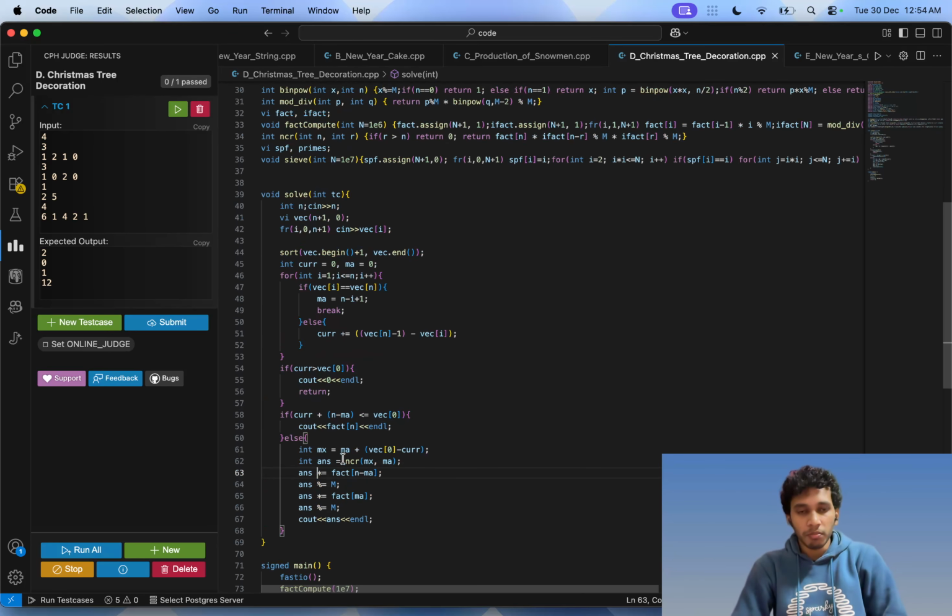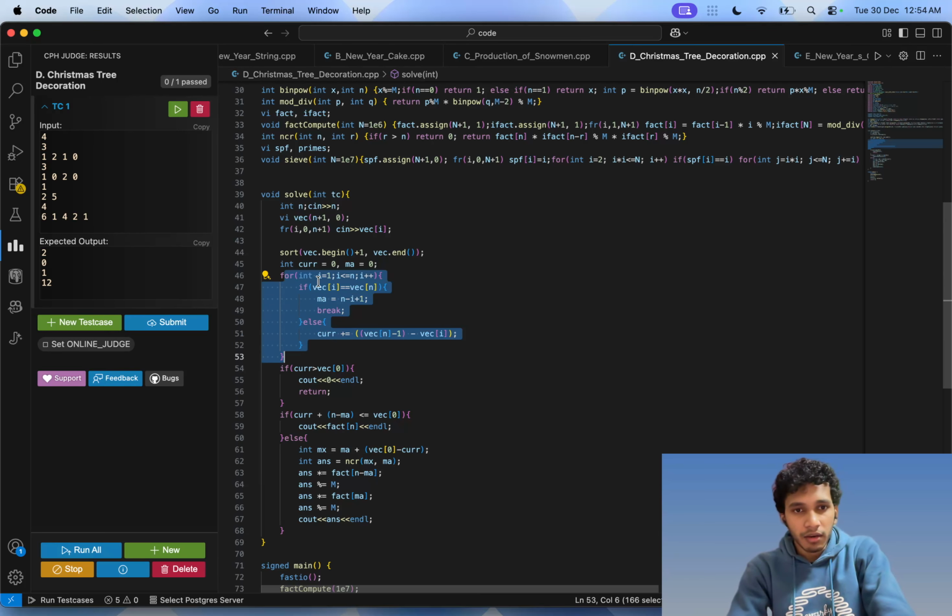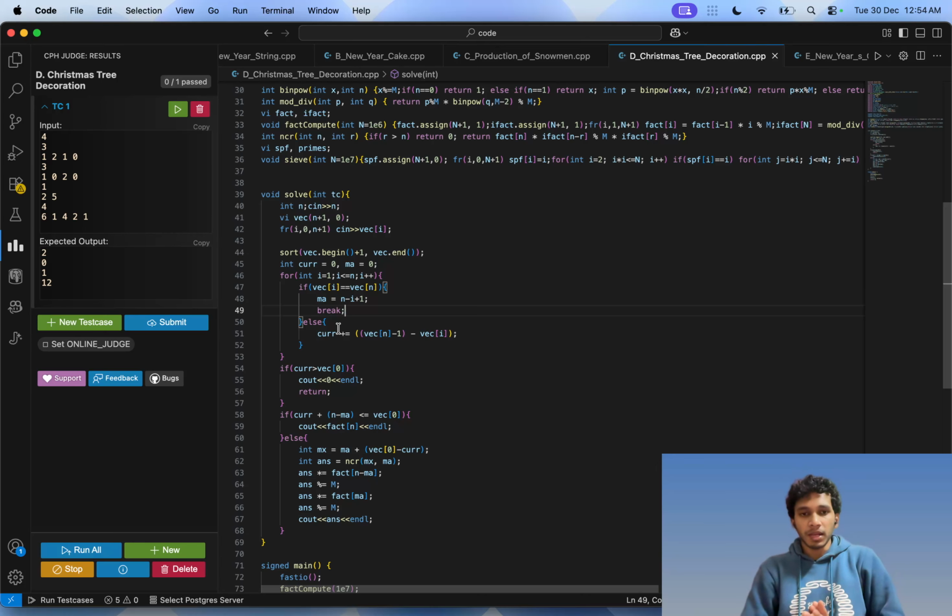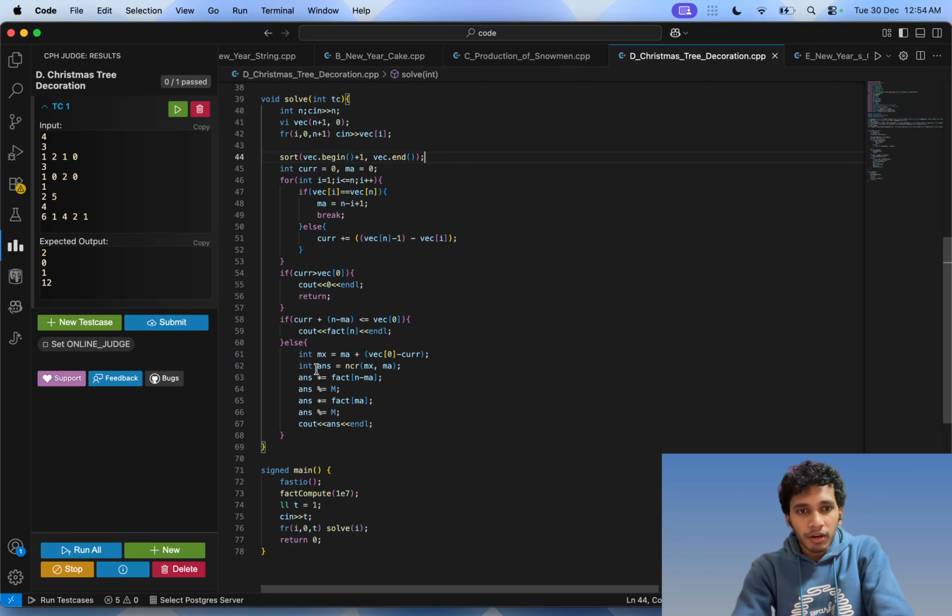So what is the overall complexity? We had a loop of n for calculating the maximum element and required amount x. We had a sorting function, which is n log n. And later on, these are just O of log n operations. Why log n?